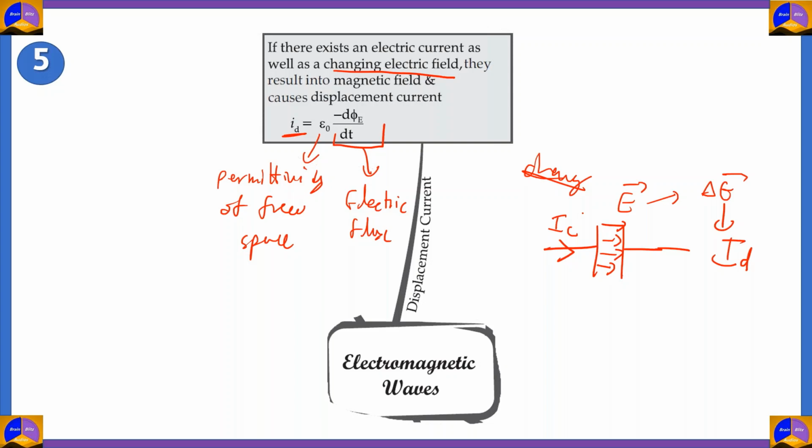So ID is present in between the plates of a capacitor, and IC is present through the wires that lead to the capacitor. The thing to note is that the physical behavior of both displacement current and conduction current is one and the same. And to find the total current in any system, we just add conduction current and displacement current.